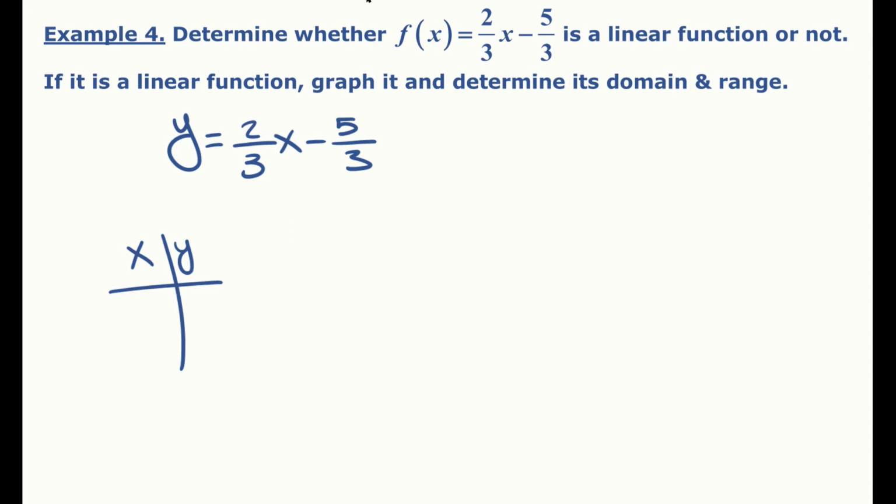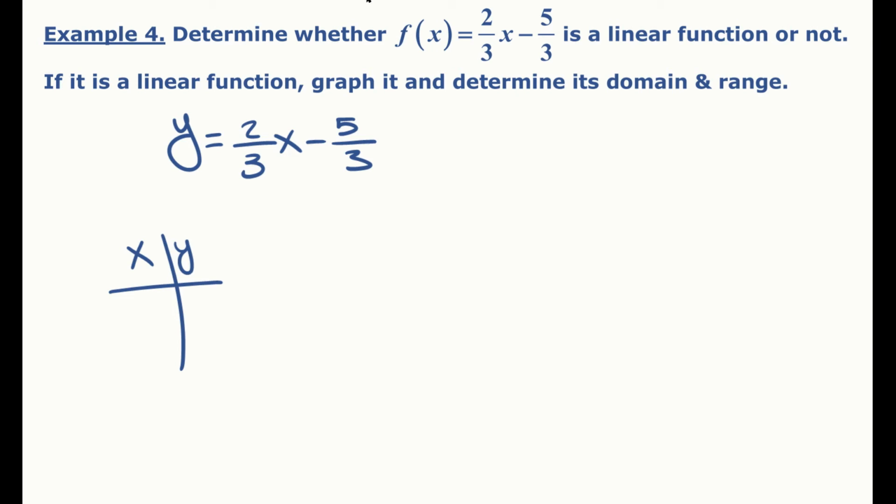With these types of problems containing fractions, if you're patient and try a couple of numbers, you may end up with some really nice results that don't even contain fractions. For example, if I were to substitute 0 here, I would end up with a fractional value for y.